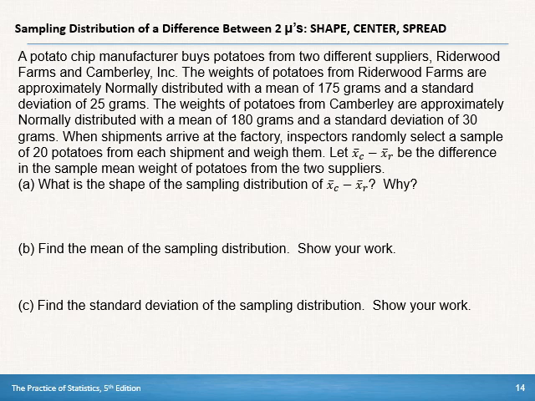So the first question is, what is the shape of the sampling distribution of the difference in X bars and why? Write that down, pause the video, write that down.